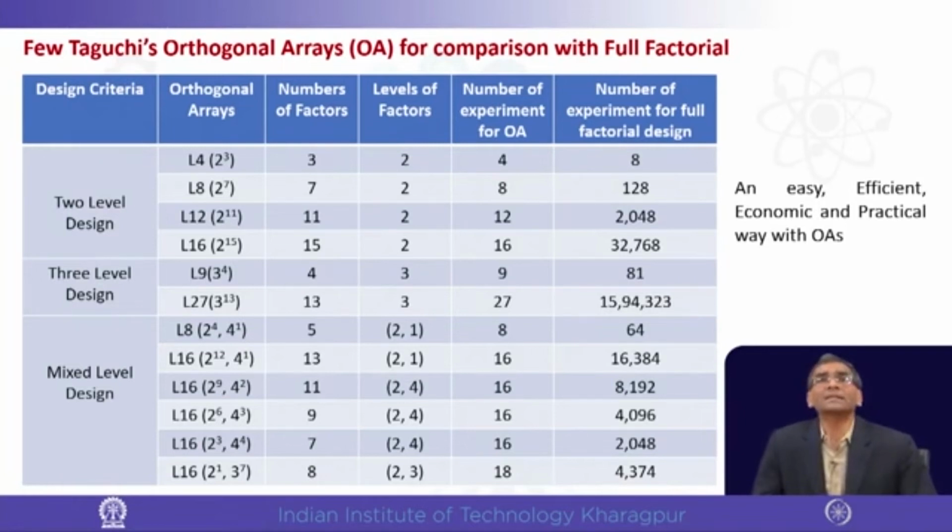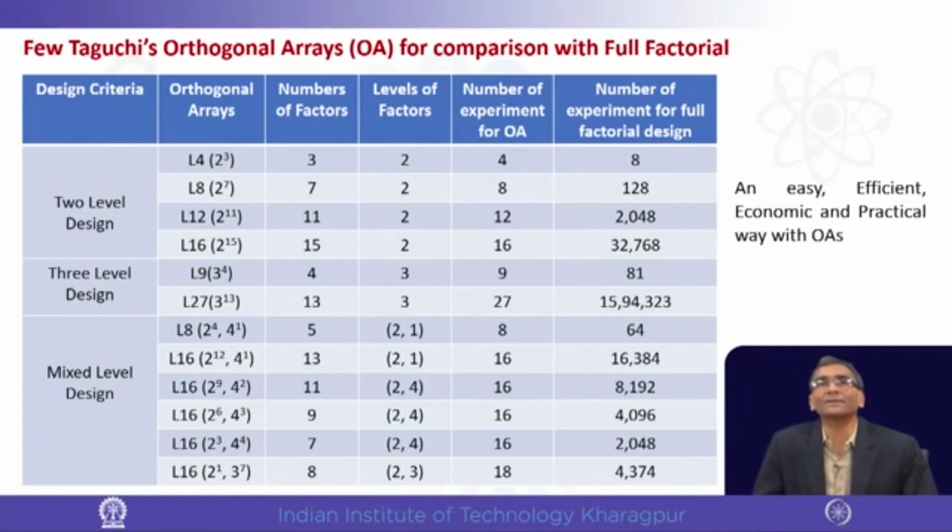Now, just see another thing. Say there are 3 factors, with 3 levels: maximum, medium, minimum. Then we would have to carry out 81 experiments, where Taguchi suggests an array through which it will be done in only 9. Fantastic results.